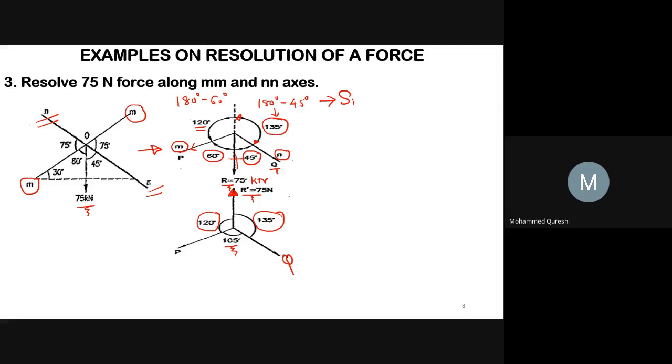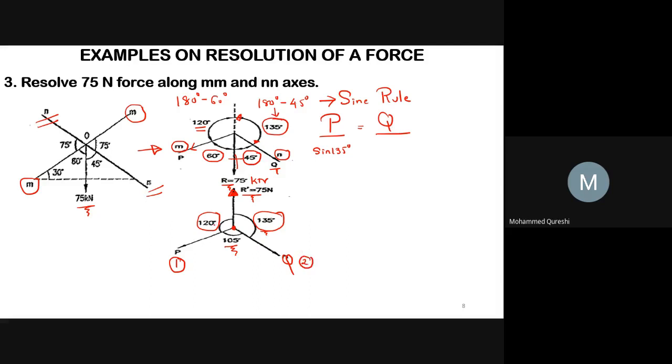Now I have to apply the sine rule for calculating the forces. According to the sine rule, we may have the equation as P, I am considering this force first. So for P, the opposite angle will be 135, so P upon sine 135 degree equals Q, I am considering this as the second force.